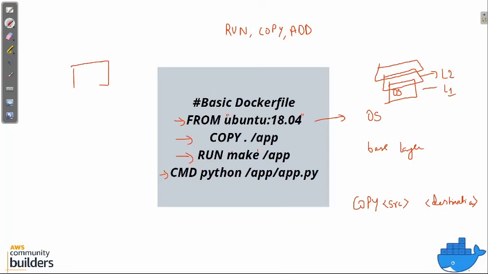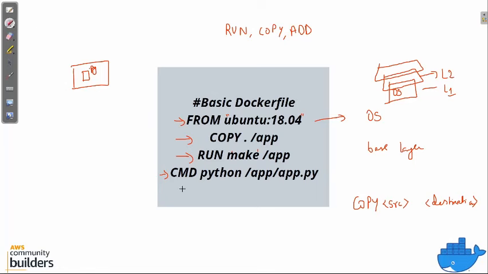Suppose I have this container, and inside this I have a .py file. You know that to run any Python file, we write python and then the file name. Suppose the file name is app.py, right? By this, we are running it.